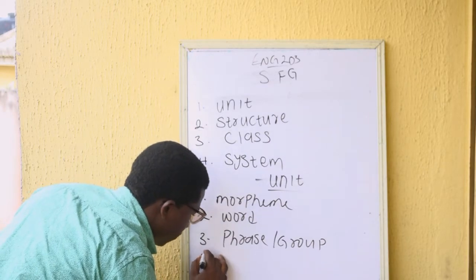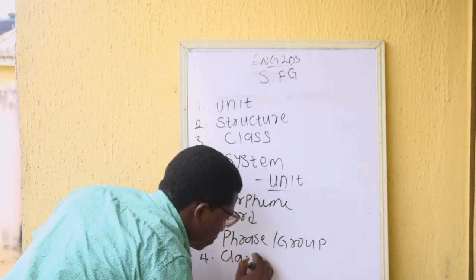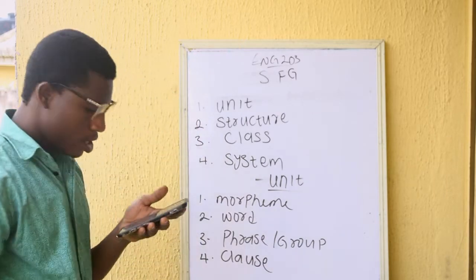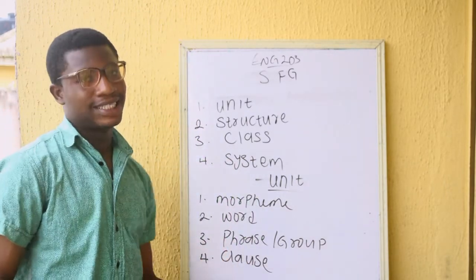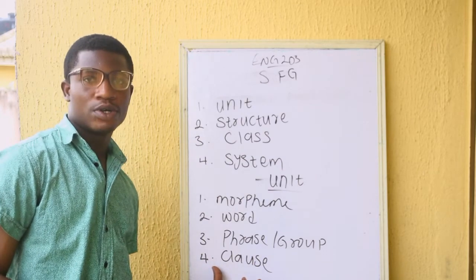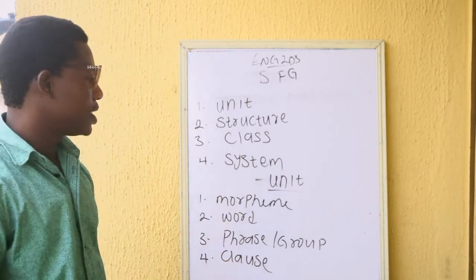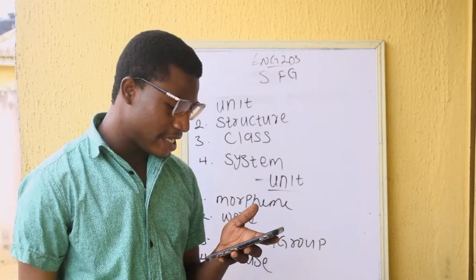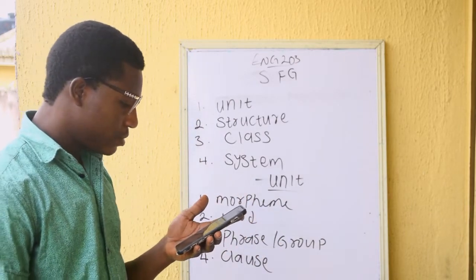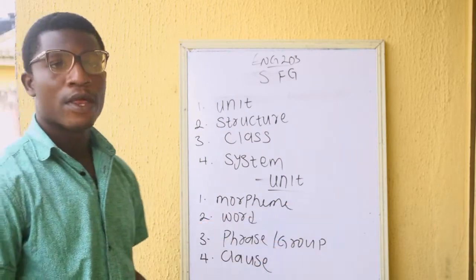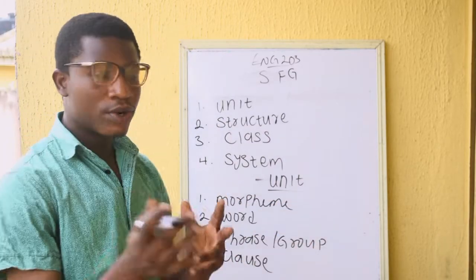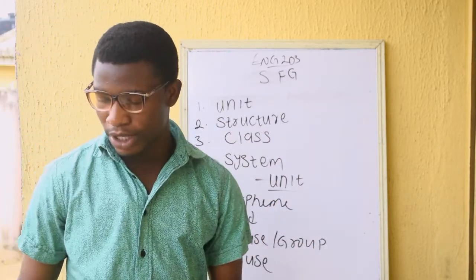And number 4, we have the clause. Some would say the clause and the sentence, but the clause can also be used as the sentence. Now, let's just give a brief description of these. I'll just quickly run through what they mean.